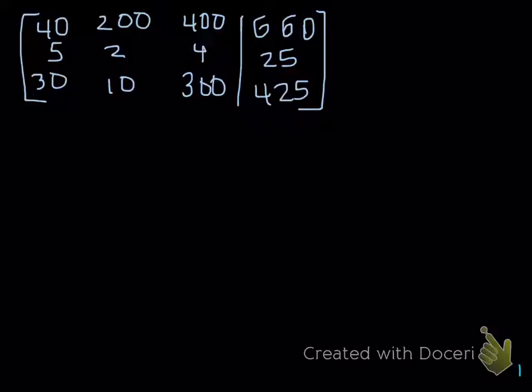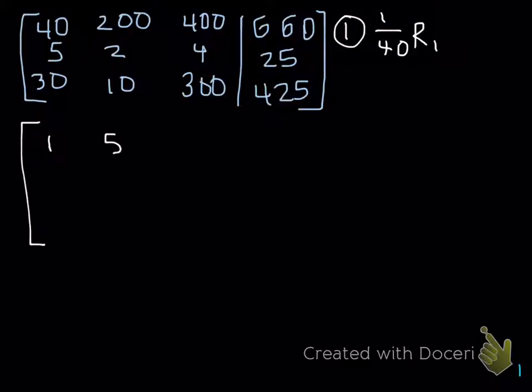So we're going to start our process, and remember we're going to multiply our first row by 1 over 40, sorry. So this will become 1, 5, 10, and 16.5.